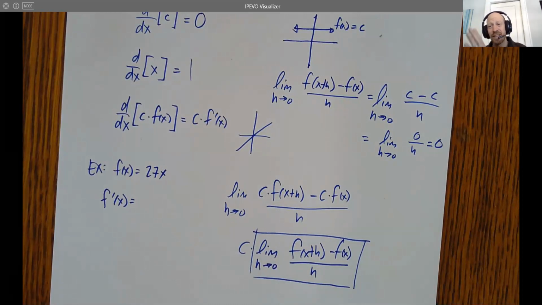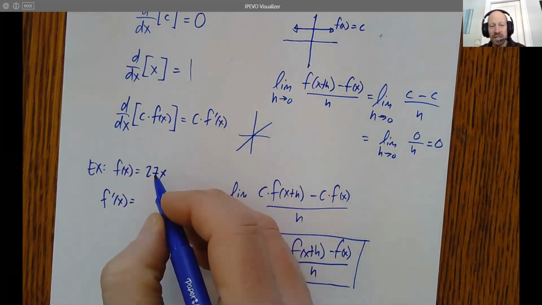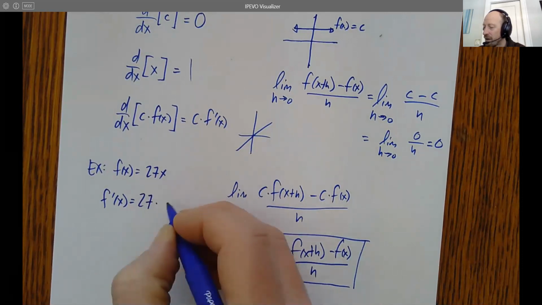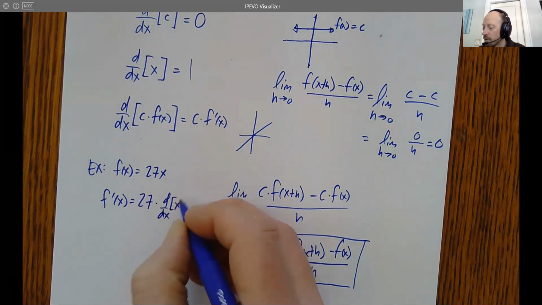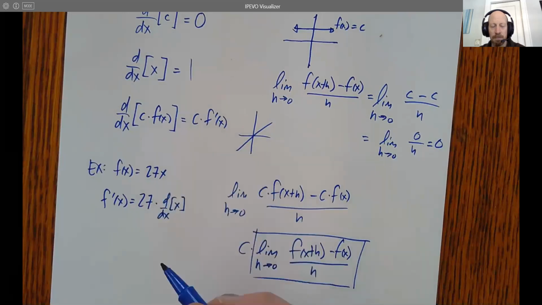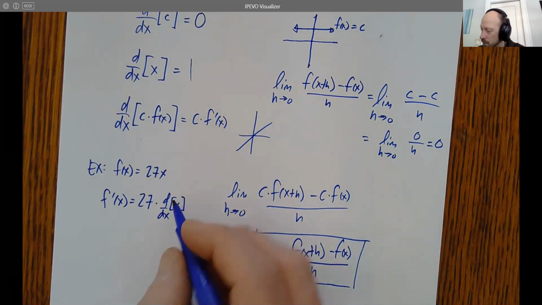You could think, well, it's a line with a slope of 27, which is true, but you could also be using this property here, where the derivative of this is really 27 times the derivative of x, right? That's this property we just learned. And of course, the derivative of x is 1.